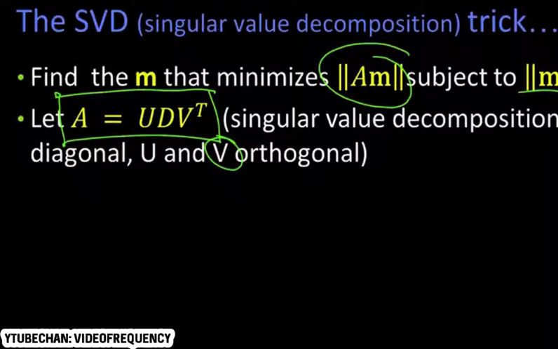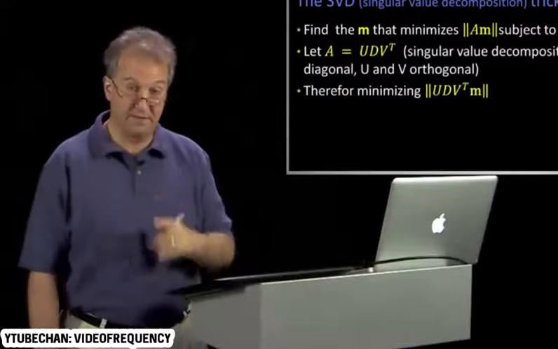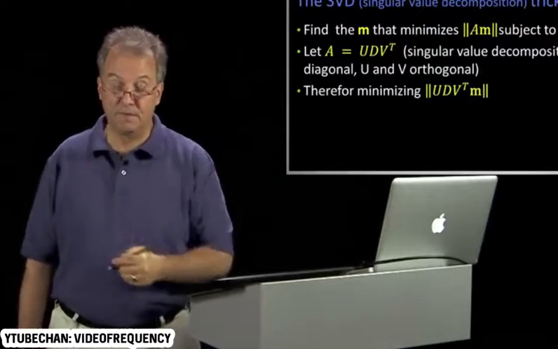So we're going to write A equal to U D V transpose. So minimizing the magnitude of Am is the same thing as minimizing the magnitude of U D V transpose m. Got it? So far, nothing significant other than you have to use your singular value decomposition code from MATLAB.